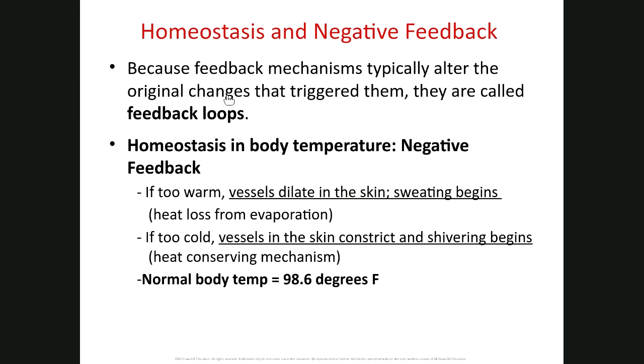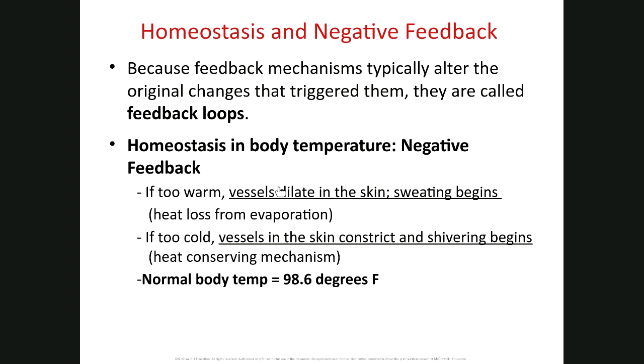All right, so let's take another example, and this is probably the most important example for this class of negative feedback, and that is body temperature. Before we go through that slide, I just want to mention that you should know this too.